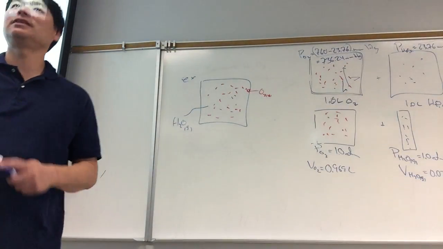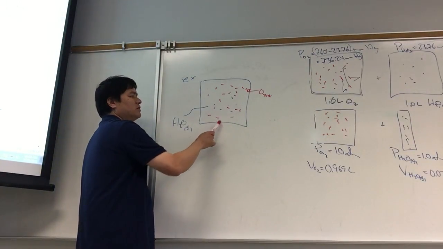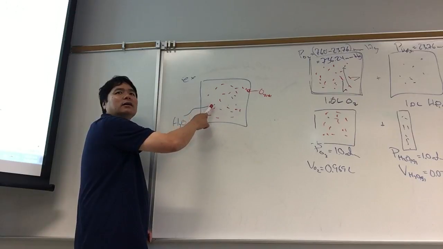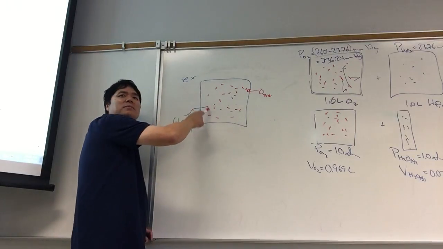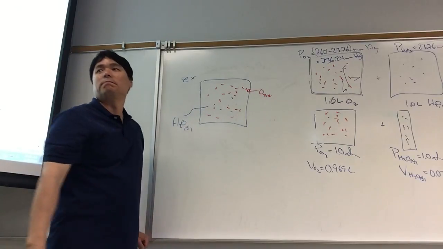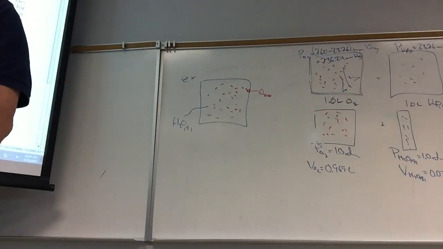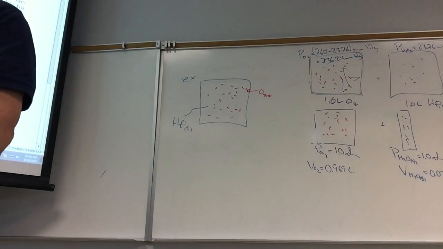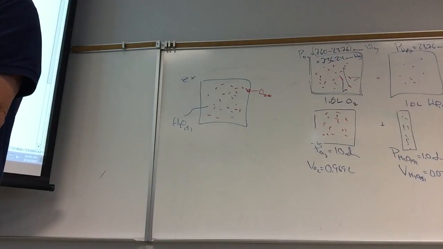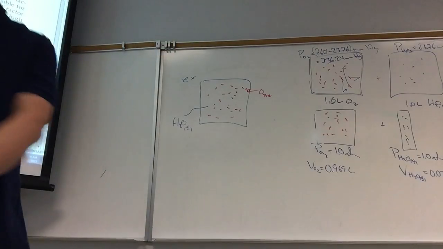And so, at 25 degrees C, these molecules are moving in straight lines and then colliding. This mixture is mostly empty space, right? If we were to treat this as ideal, what's the volume of a water molecule? Nothing. It's zero. Is that true?